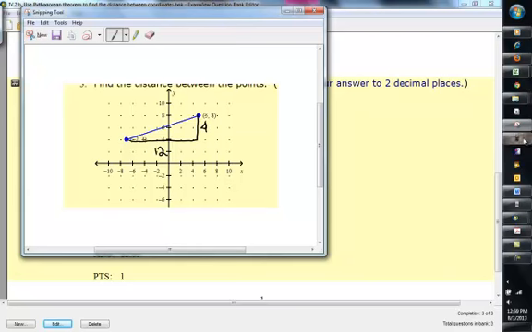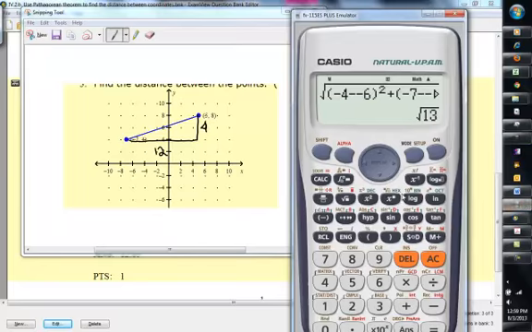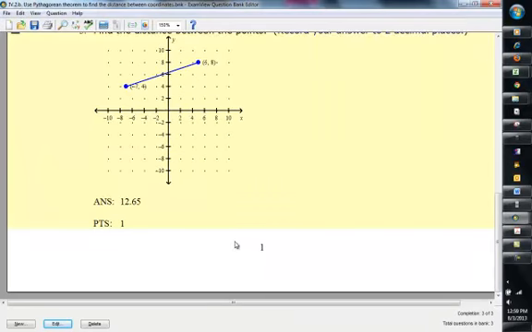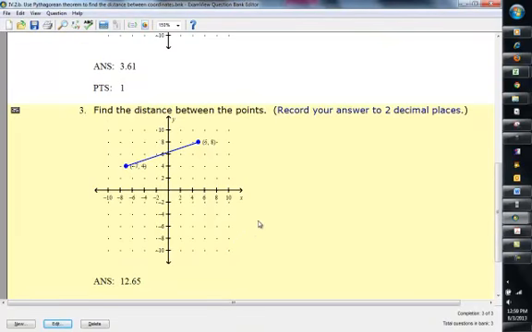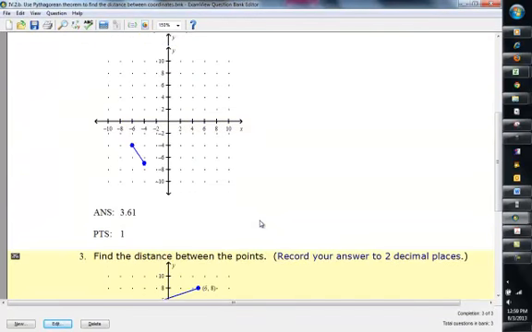So on our calculator, it would be the square root of 12 squared plus 4 squared, and we get 12.65. This is 4.2.b, use the Pythagorean theorem.